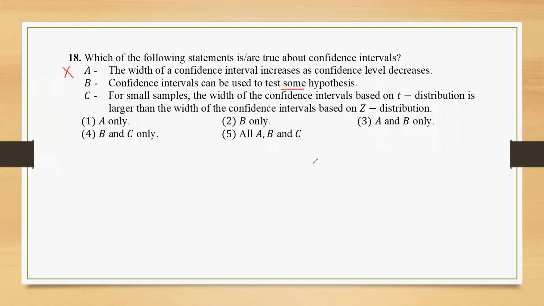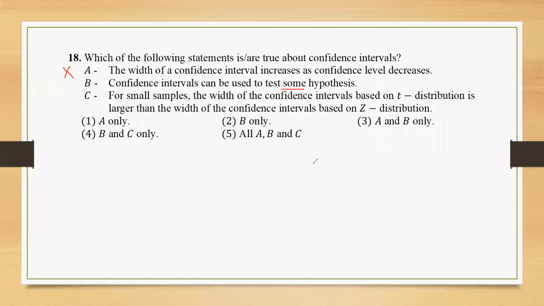We calculate a test statistic and check whether it falls in the acceptance region or the critical region to test the hypothesis. Also we can use the p value approach. We calculate the p value and compare it with alpha to test hypothesis. As well as we can use confidence intervals for testing hypothesis, but not every time.